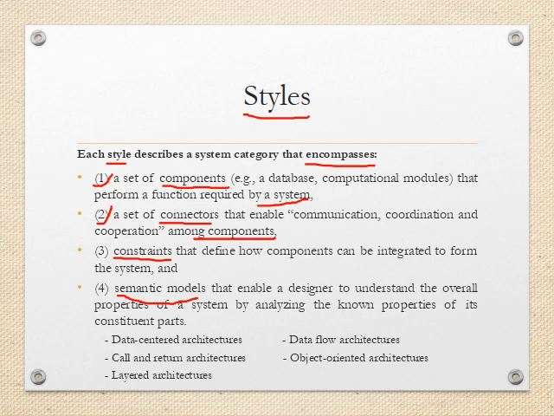Number three, constraints that define how components can be integrated to form the system. Number four, semantic models that enable a designer to understand the overall properties of a system by analyzing the known properties of its constituent parts. Here we can mention five different styles: data-centered architectures, call and return architecture, layered architecture, data flow architecture, and object-oriented architectures.